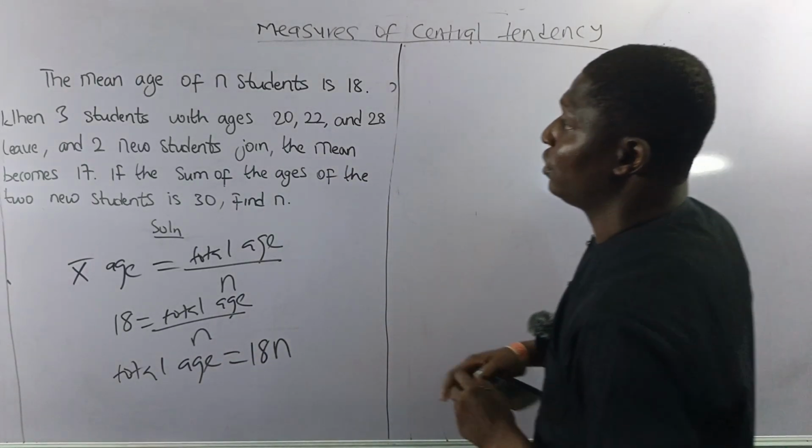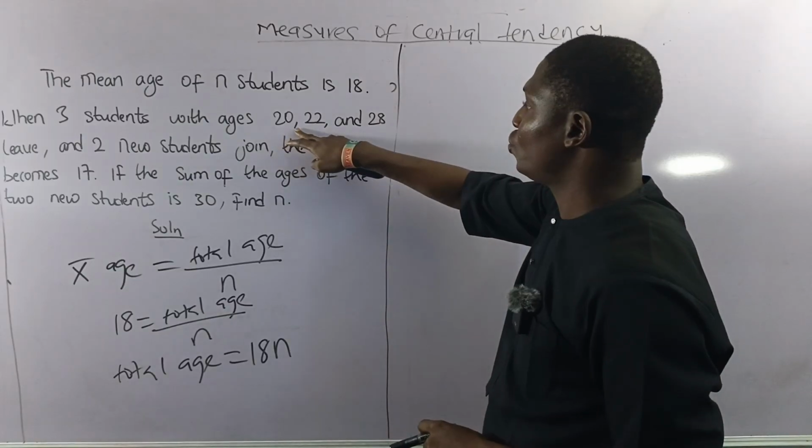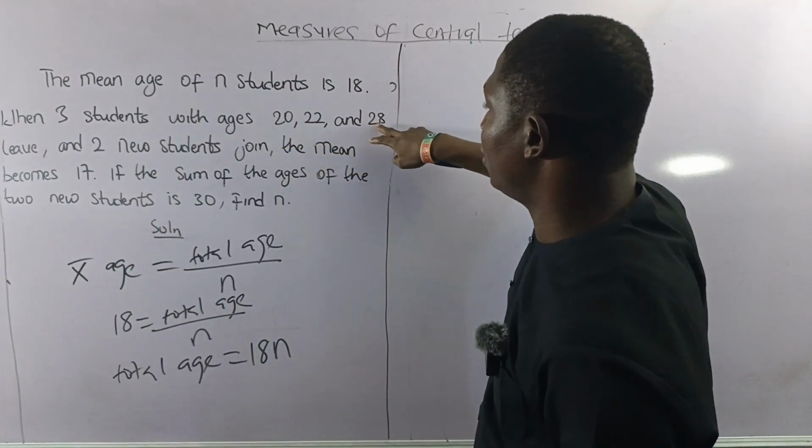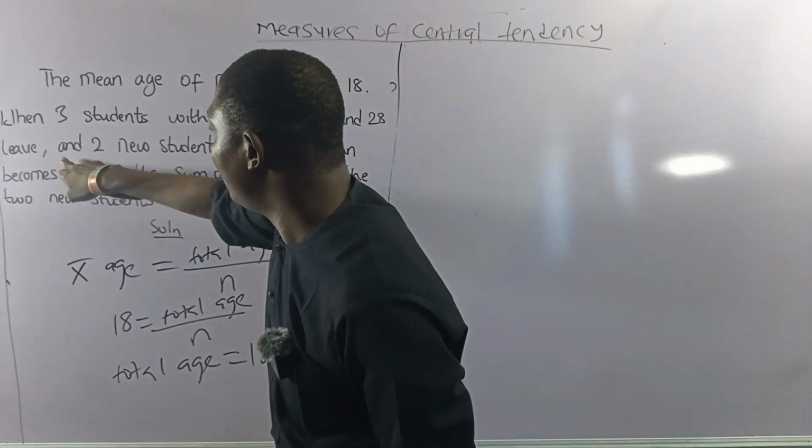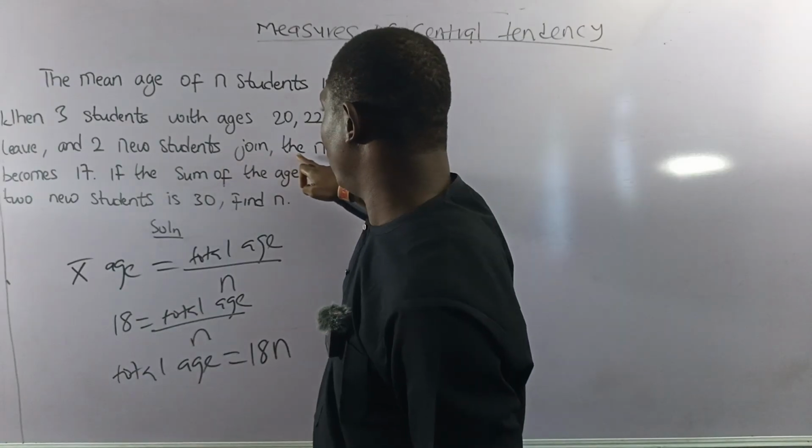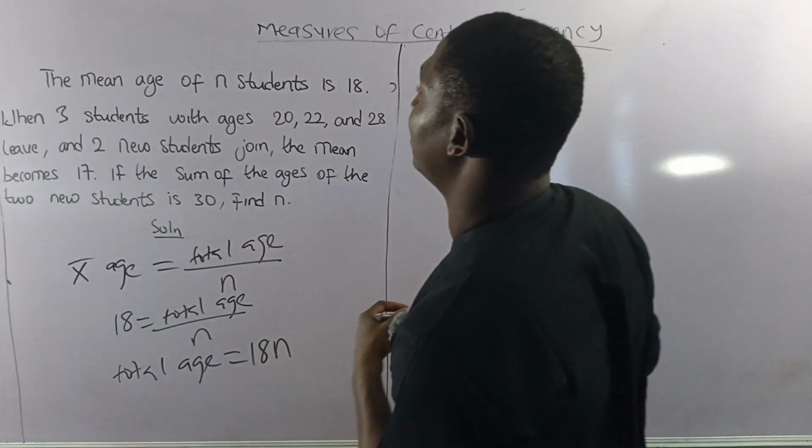Now it says, when 3 students with ages 20, 22 and 28 leave and 2 new students join, the mean becomes 17.